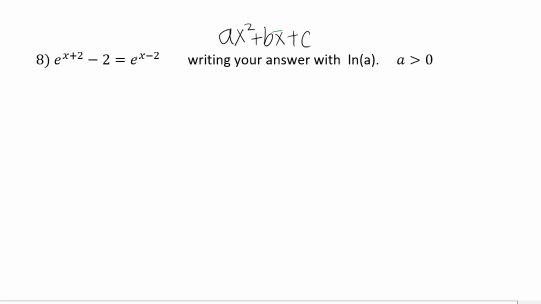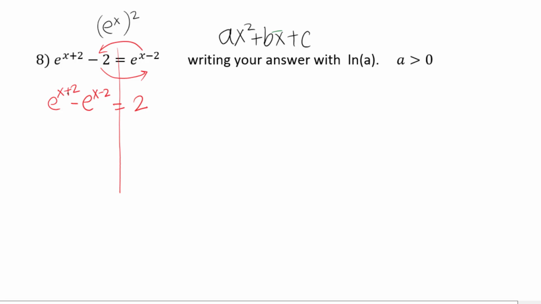Definitely we cannot, because we cannot create e to the x power squared. So we need to isolate the exponential expressions on one side, move across, change the sign. We will get e to the x plus 2 power minus e to the x minus 2 power equals 2.